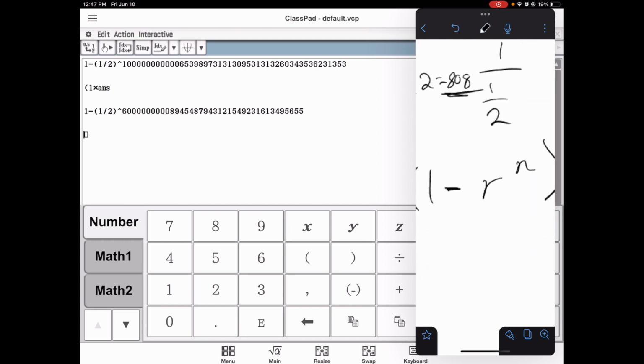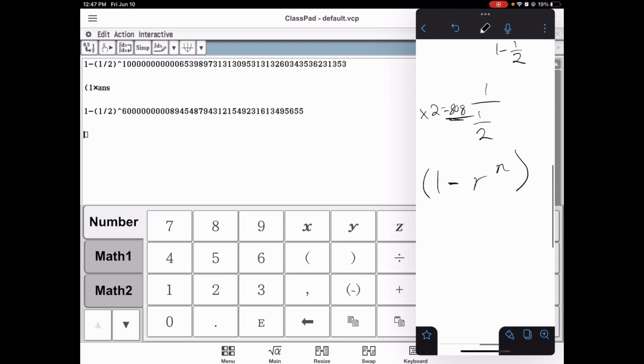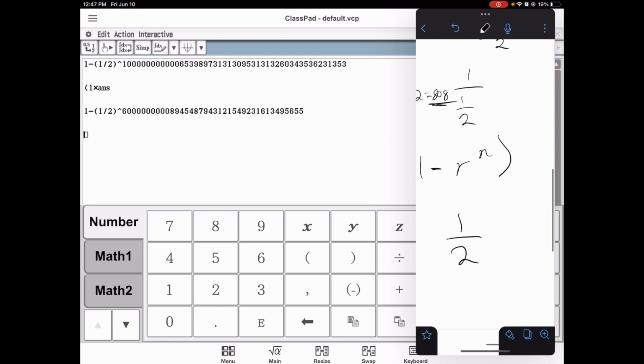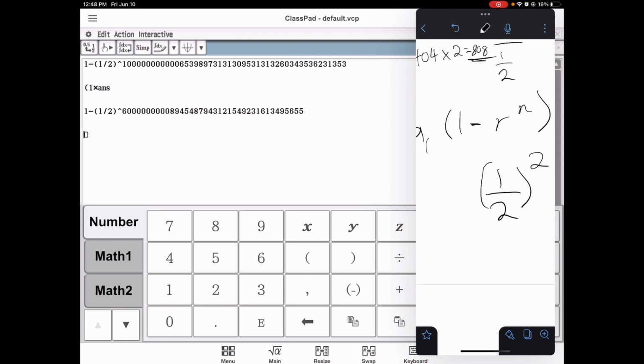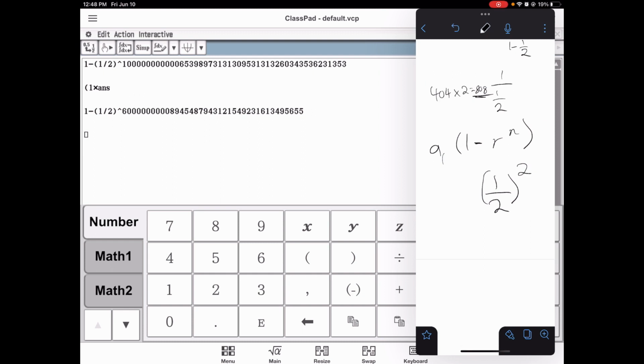Now, why does that matter? Because if our ratio is 1/2, which is true in this case, and we raise it to the power of anything, it will always be less than 1, meaning our values will not exceed 1.